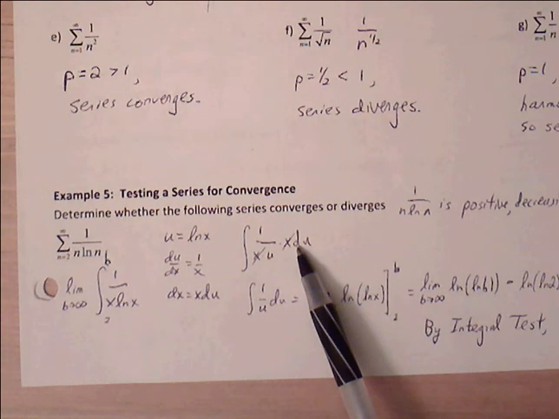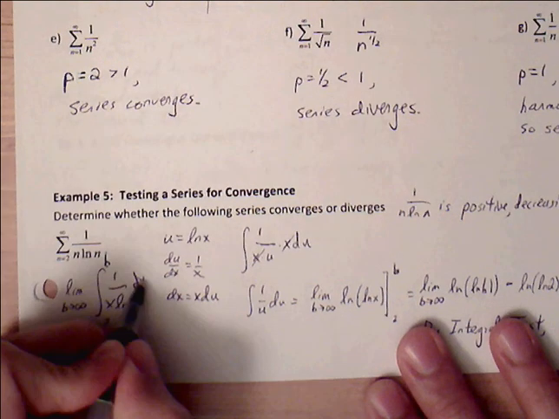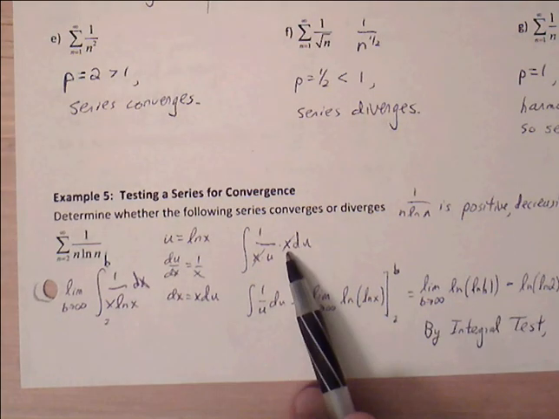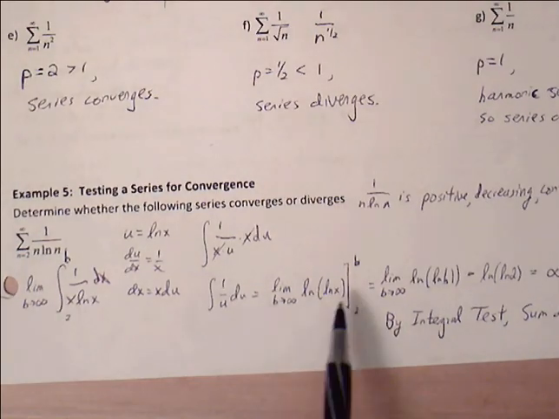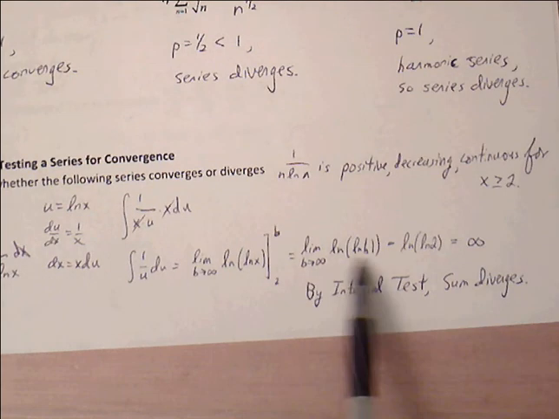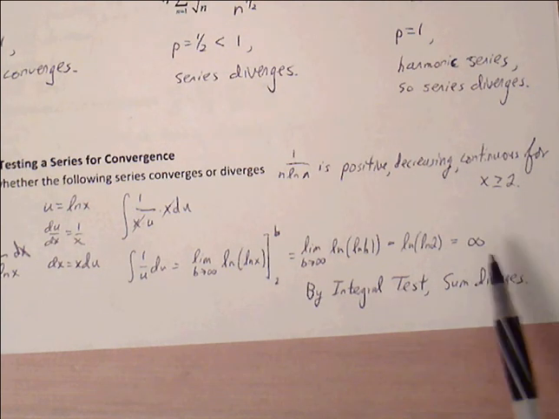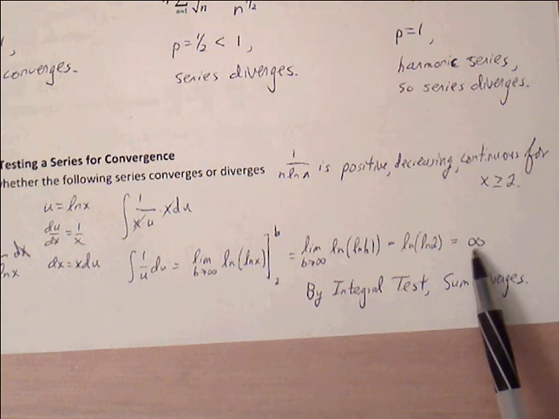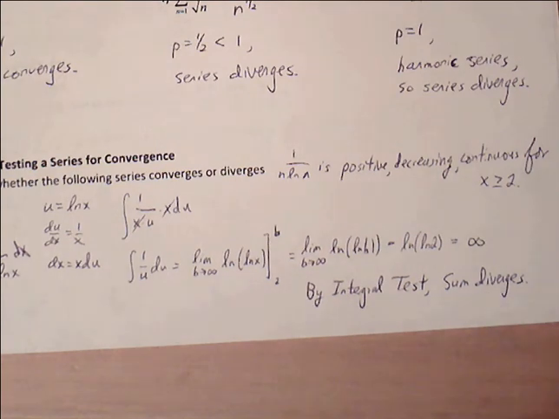We replace the dx with x du, and once we do that, the x's cancel out. The integral of 1 over u is natural log, so natural log of x evaluated between b and 2. Natural log of b, as b approaches infinity, goes to infinity, and minus a finite number gives us infinity. So this integral will diverge, and because of that, by the integral test, our sum will diverge as well.